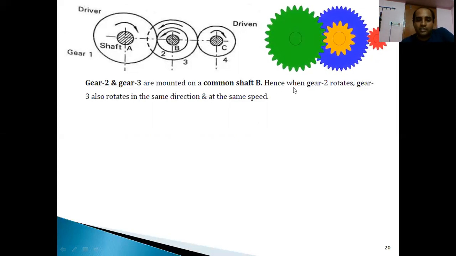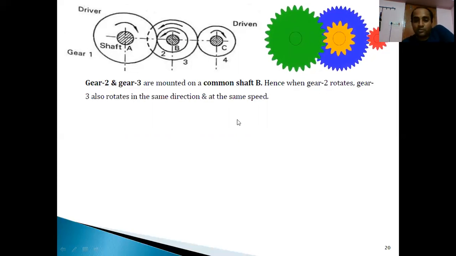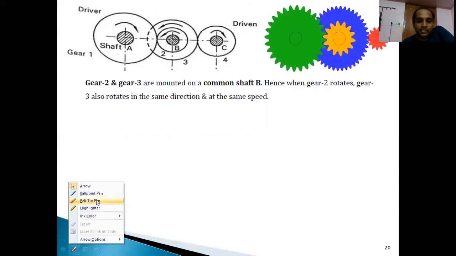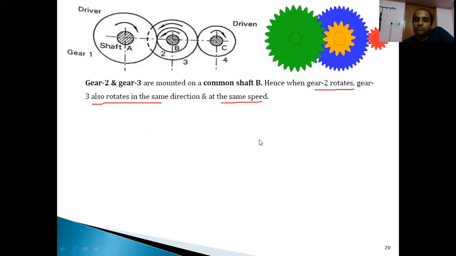So yes, both are rotating in the same direction, no doubt. Gear 2 and gear 3 rotate in the same direction at the same speed, but the number of teeth is different. That is what they have highlighted here.